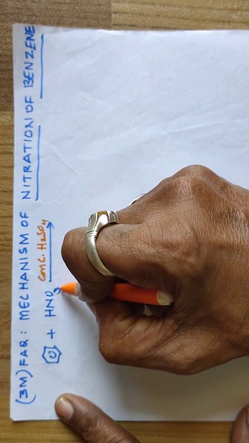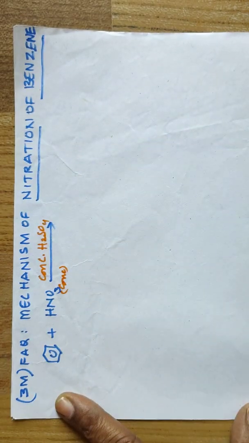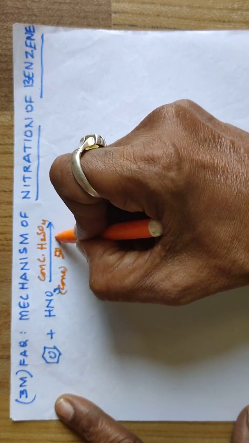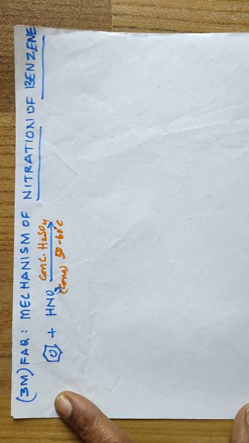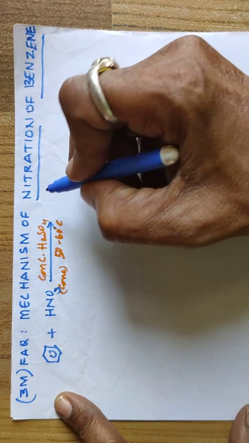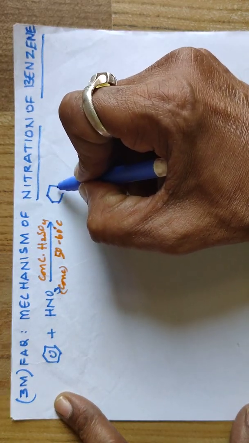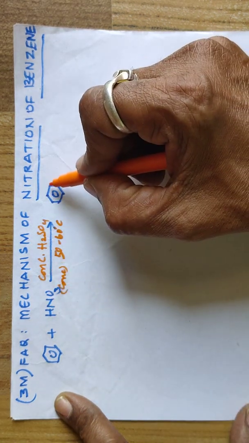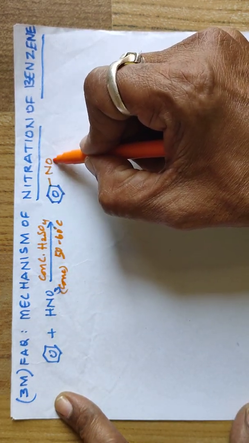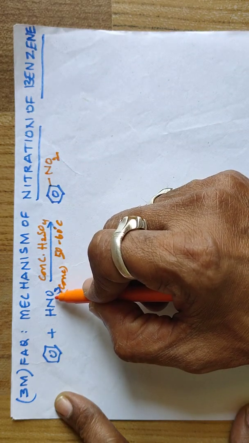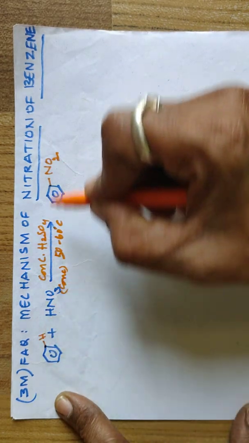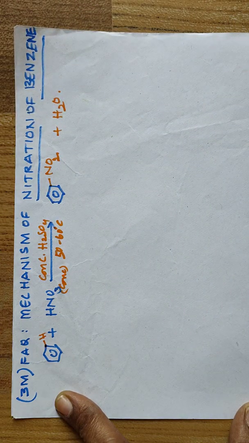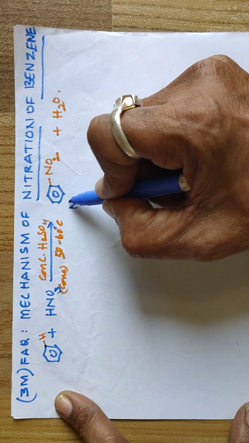A temperature of 50 to 60 degrees centigrade is to be maintained, as one of the hydrogens is replaced by the NO2 group from HNO3, and from HNO3 the OH and this hydrogen are removed as H2O, and this is nitrobenzene.